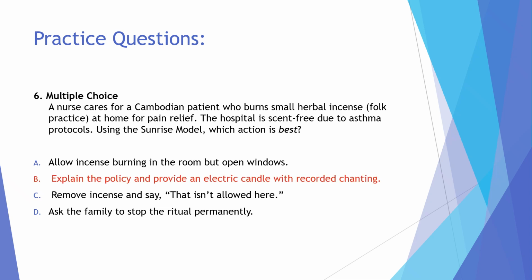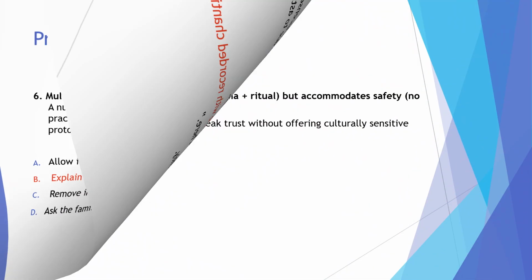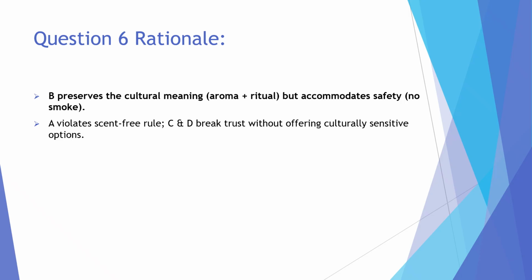So B, explain the policy and provide an electric candle. It's kind of an accommodation, in between, a kind of negotiation, right? So here is the rationale for B: it honors the cultural meaning, aroma plus ritual, but accommodates safety with no smoke.